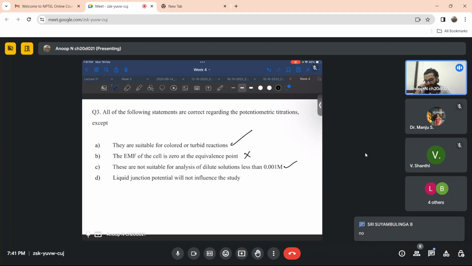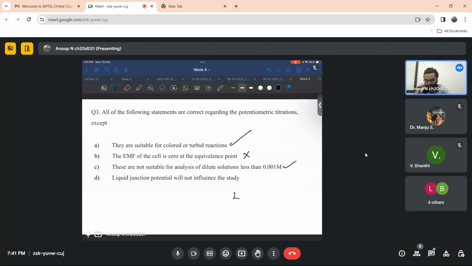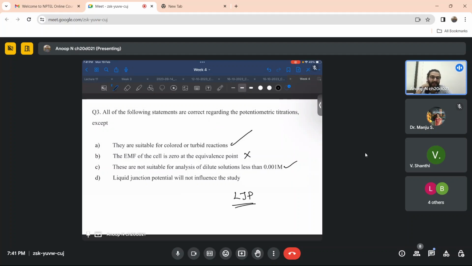Liquid junction potential will not be influenced in this study. Is that correct? When does liquid junction potential arise? I have different C1 concentration, C2 concentration separated by a wall.